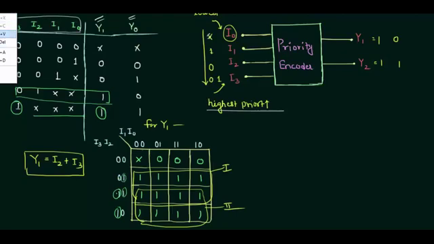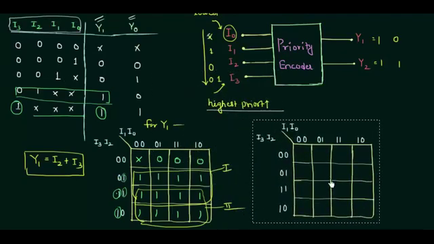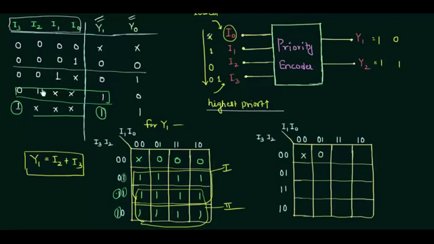Let's paste another K-map, a 16 cell K-map, to find out the value of Y0. So let's see, for the first cell we are having a don't care, you can match from the truth table, and for the second cell we are having a 0, you can see in this case it's 0, and when I1 is 1, which means for these two cells Y0 is 1, so 1 1.